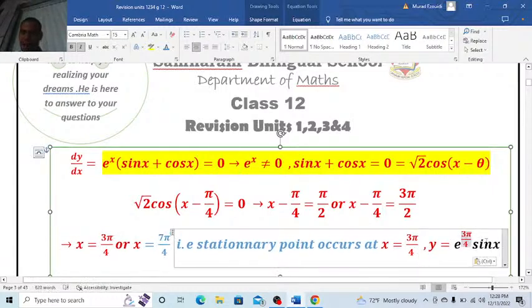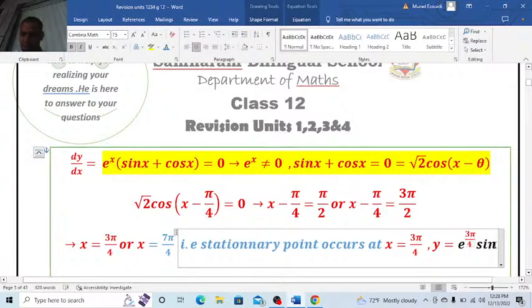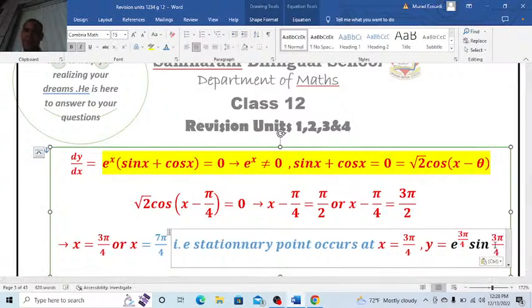Then sine of 3 pi over 4. This is your equation, my learners. You can use a calculator to find the value of that. I will use sine of 3 pi over 4, which should be positive.